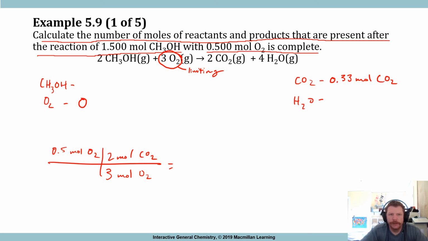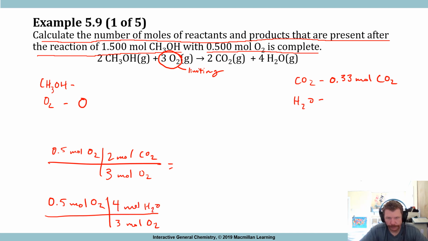Okay. Next, I'm going to say 0.5 moles of O2. Again, this is the limiting reactant, that's why I'm making this decision. 3 moles of O2 will produce 4 moles of H2O. So 0.5 times 4 divided by 3, well, that's going to give me 0.66 moles of H2O.